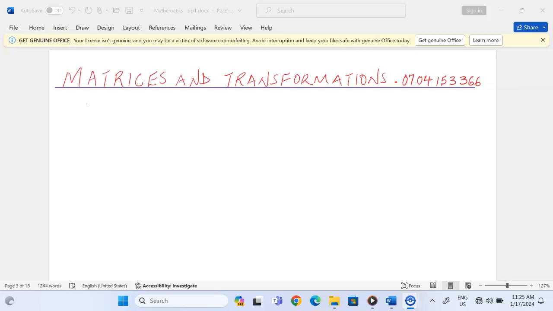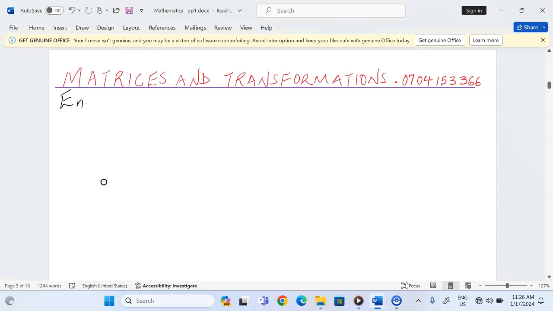Just to introduce, we have to make it clear that a transformation can be represented by what we call a matrix. In book 3, we studied matrices, and in book 2, we studied transformations, which include enlargement.